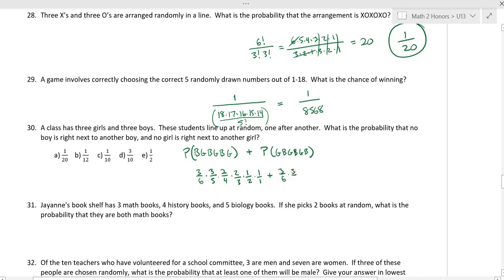So pretty much copying down the same thing. And you simplify and add. And we're going to get 1 out of 20 plus 1 out of 20, which is 2 out of 20, and that reduces to 1 out of 10. So there's a 1 out of 10 chance.